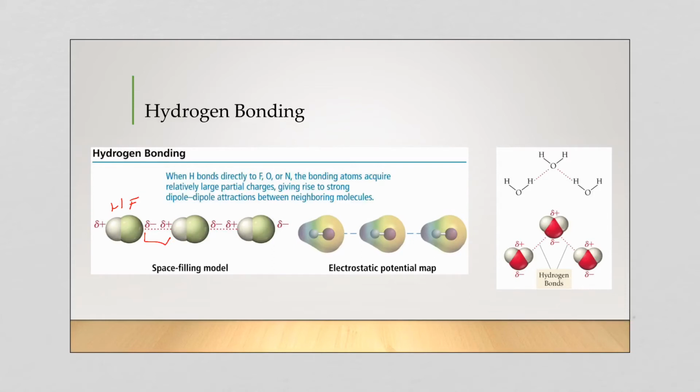So it's basically the same type of interaction as we see in a dipole-dipole. It's just there's a bit more strength there because we're dealing with hydrogen attached to these electronegative atoms. Hydrogen basically has just that positive charge, and it really, really wants those electrons. So it develops these nice, strong interactions.